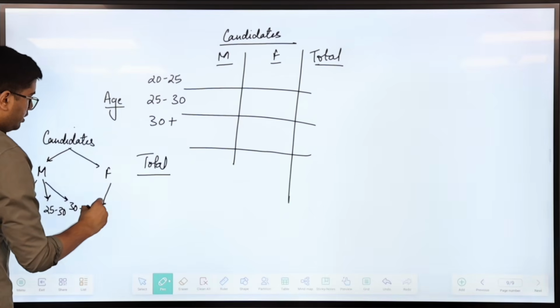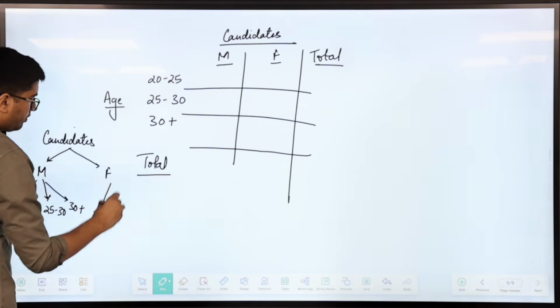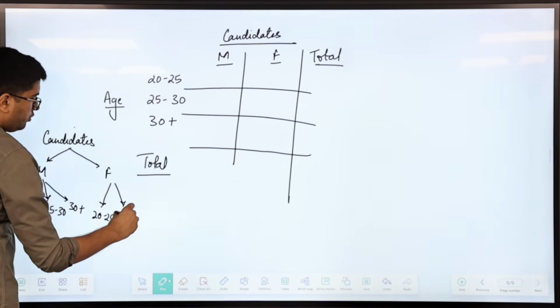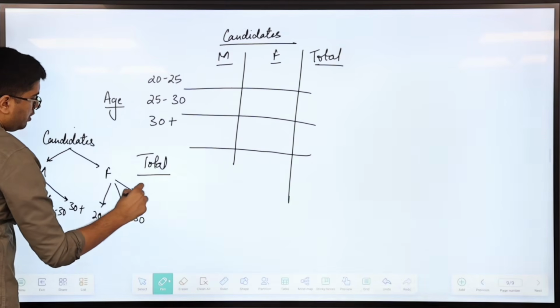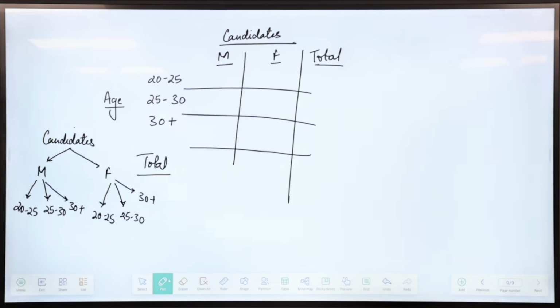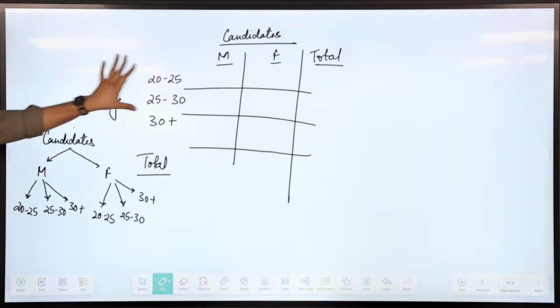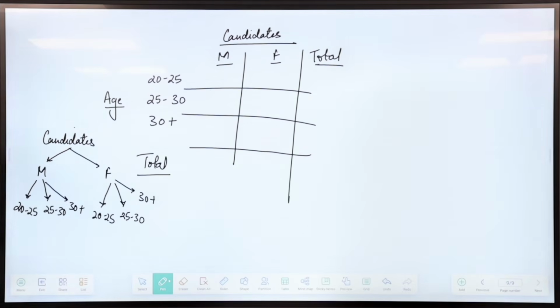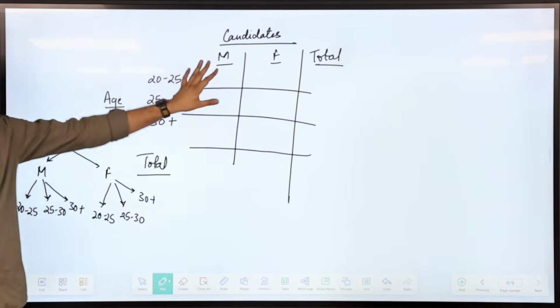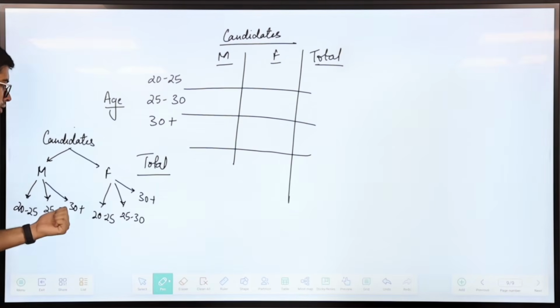Female can also be 20 to 25, 25 to 30, 30 plus. This and this are exactly the same. This is just a tabular representation. This is a graphical one, a tree diagram.